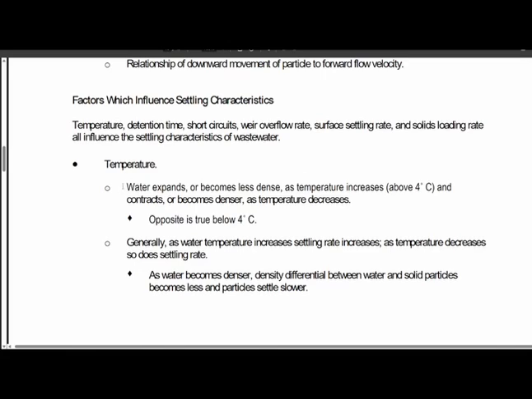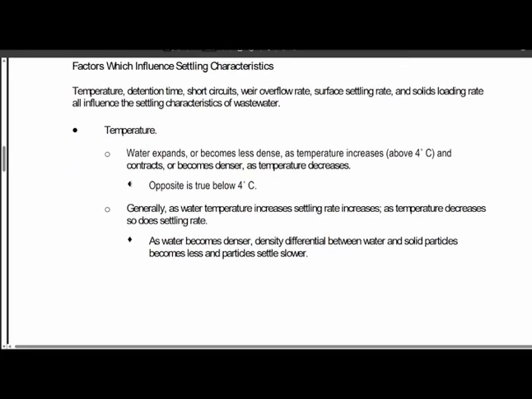Temperature. Water expands or becomes less dense as temperature increases above 4 degrees Celsius and contracts or becomes denser as temperature decreases. The opposite is true below 4 degrees Celsius. Generally, as water temperature increases, settling rate increases.